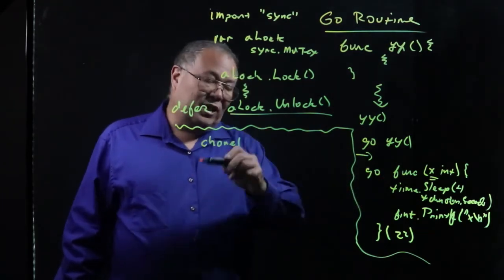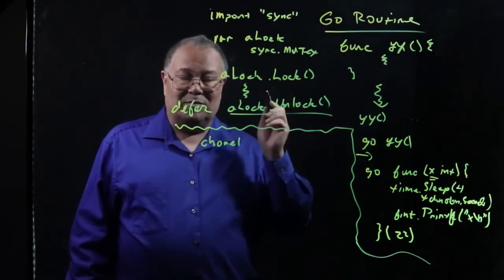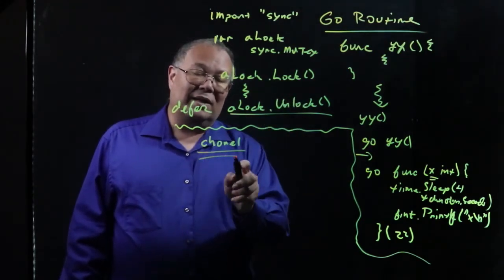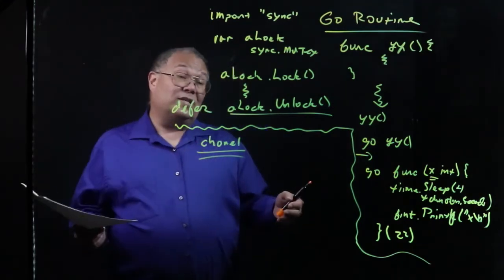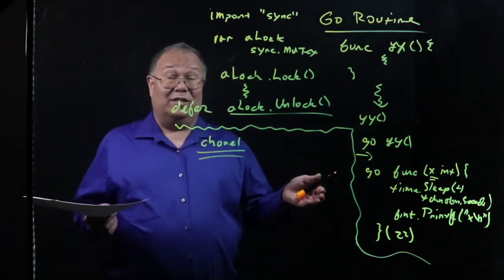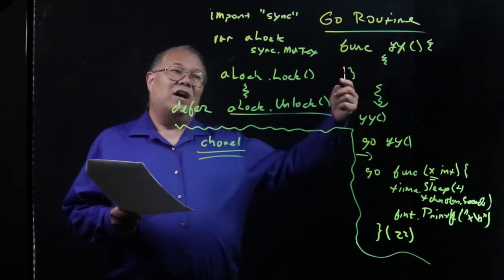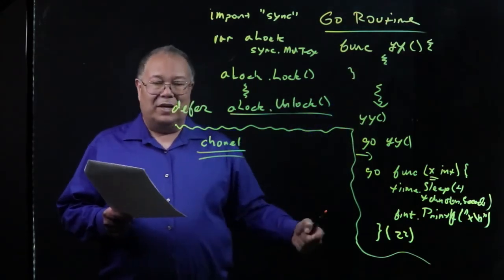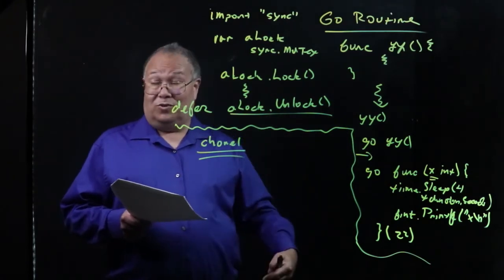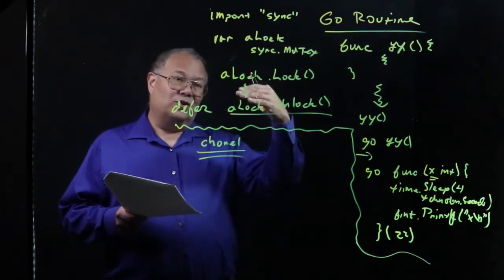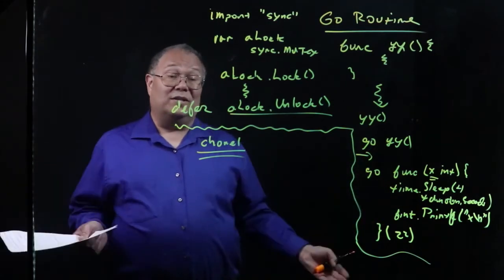I'm not going to go into channels today, but we are going to spend some time looking at them. There's also a way to say that I've got a whole bunch of different communications coming into one point, and whichever one happens first is the one that I want to run. That's built into the language.